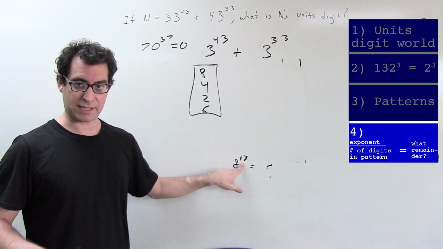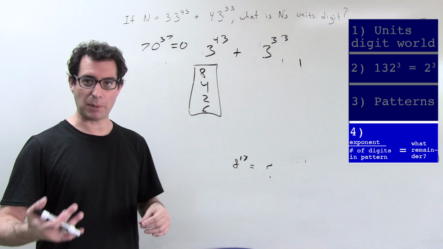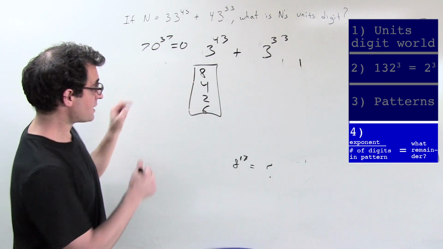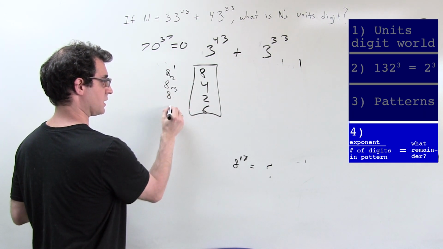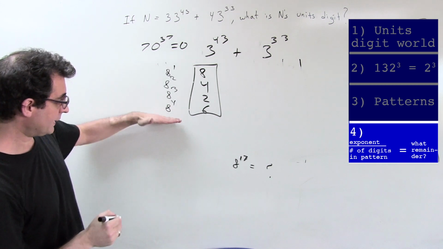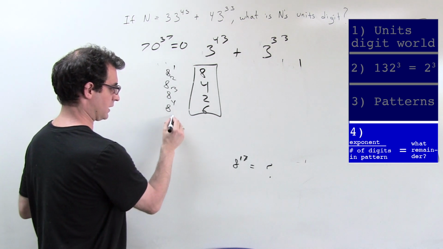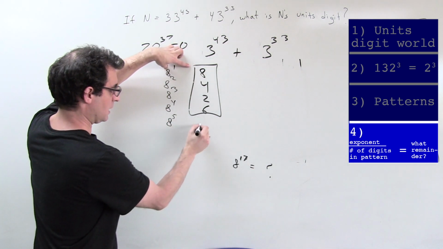The reason for this is, 8 to the 17th power: this is 8 to the first power, this is 8 squared, this is 8 cubed, this is 8 to the 4th, and then it starts over again. So 8 to the 5th is going to be 8.